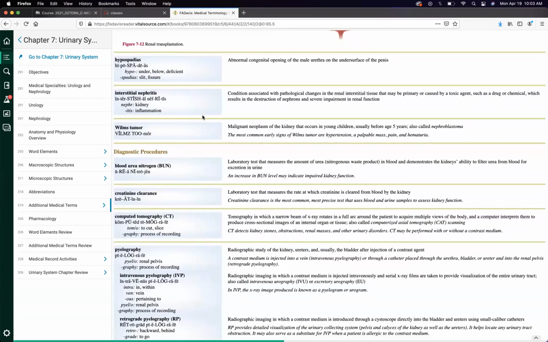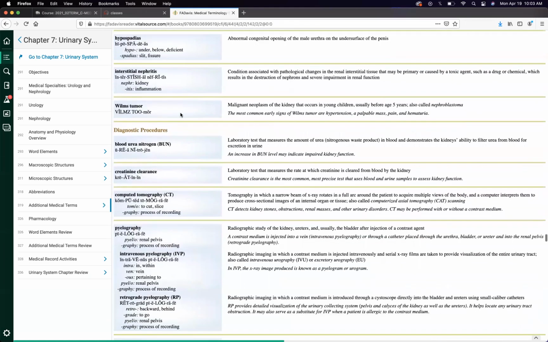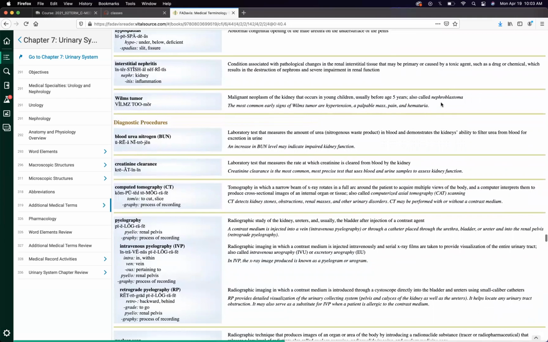The interstitial nephritis. Nephritis means inflammation, infection. Wilms tumor, that's a neoplasm, new growth. That means it is a cancer. So Wilms tumor is a carcinoma, and it's malignant, and it's no bueno, also known as a nephroblastoma. Patient I had was around 6.5 years of age.